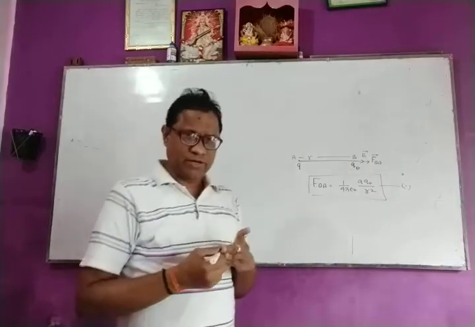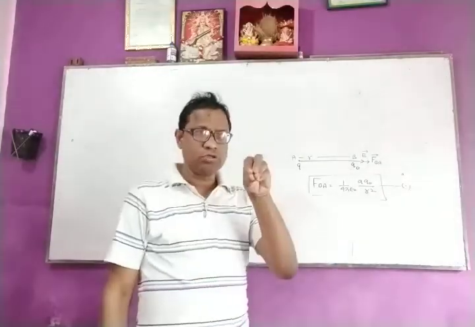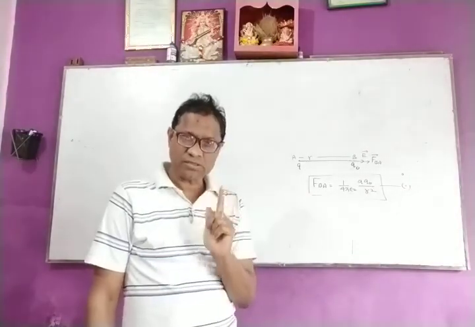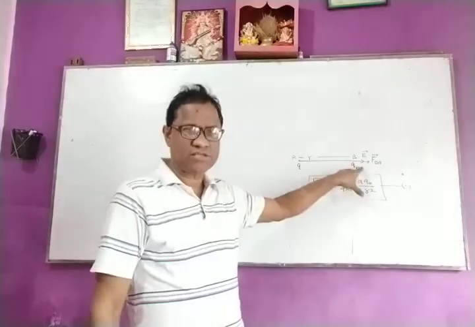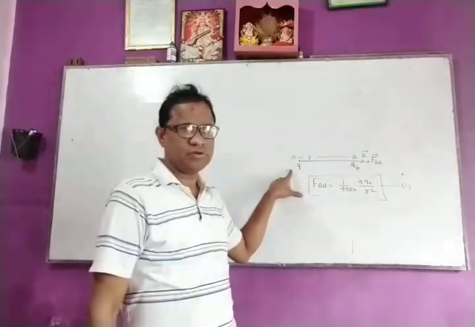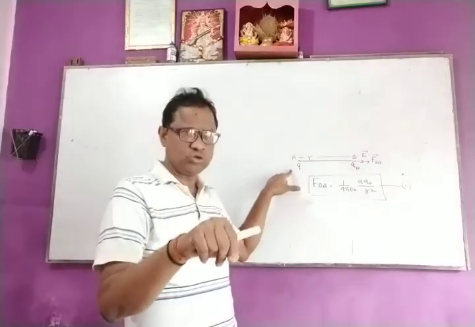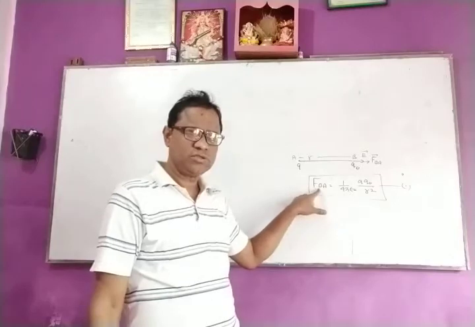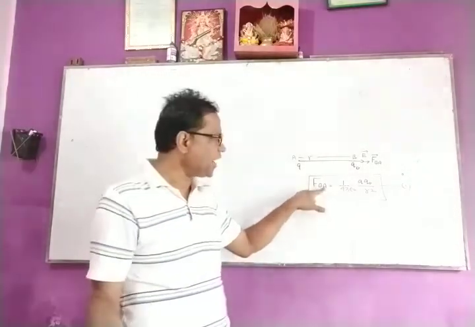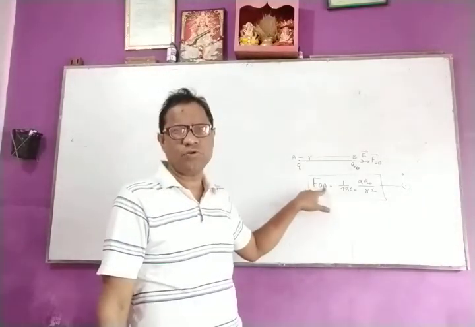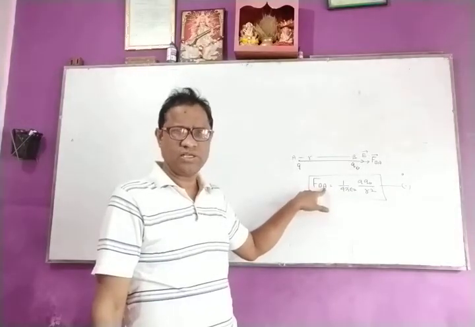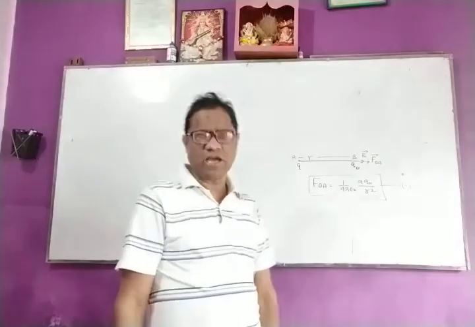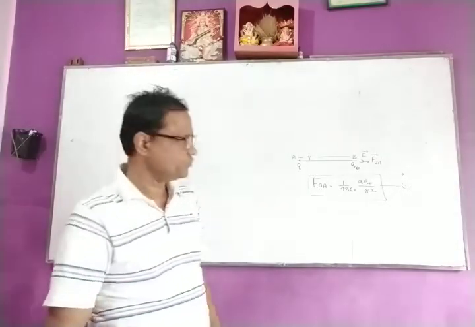F_BA means force on the charge at B, so B is the position of the test charge, and the other is due to charge Q, so Q is the source charge. The first subscript represents the position of the test charge and the other represents the position of the source charge. So Q naught is the test charge and Q is the source charge.